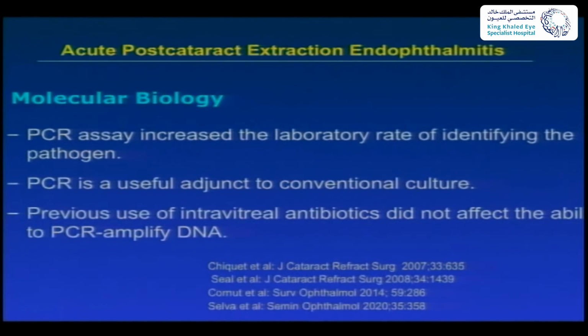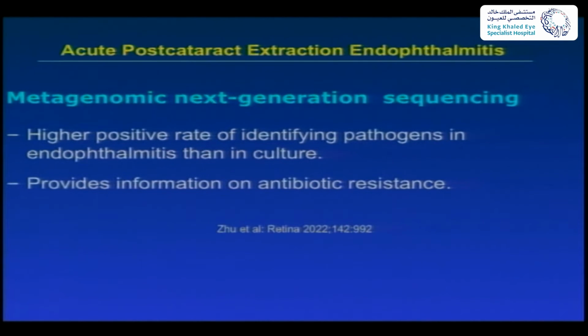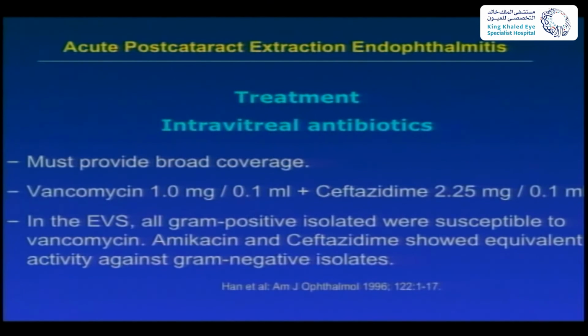Nowadays, molecular biology like PCR increases the sensitivity of identifying the organism. Whole genome sequencing was also found to be useful for identification of the organism in endophthalmitis, and even metagenomic next generation sequencing was found to be useful.